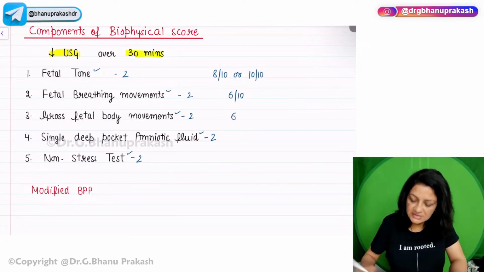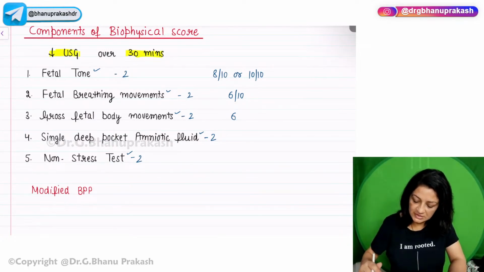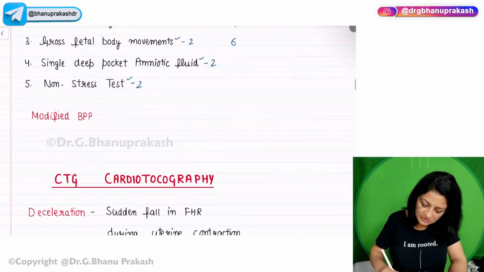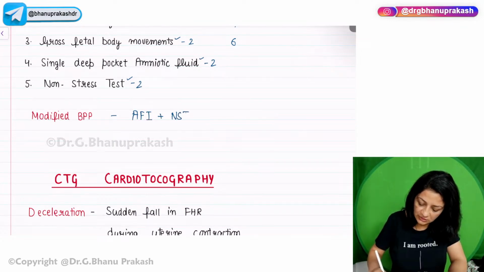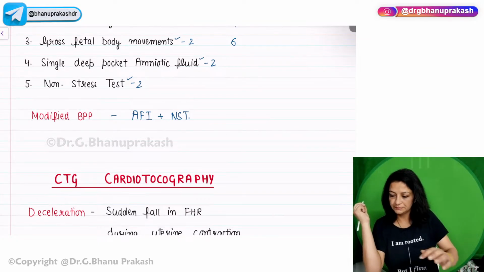If the value is 6, means fetal hypoxia. Fetal hypoxia, यहाँ पे हम करेंगे cesarean section. And what is modified BPP? Modified means amniotic fluid index plus NST. So this is called as modified BPP.